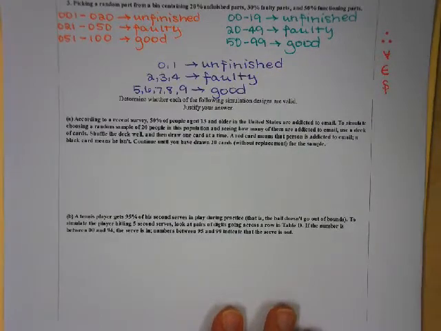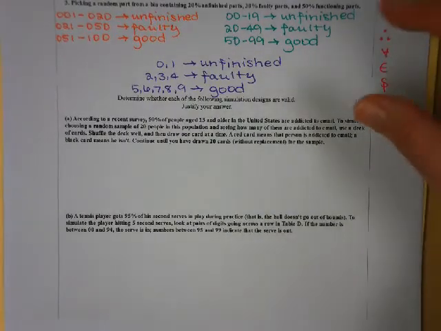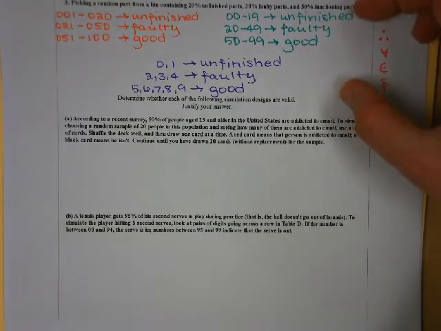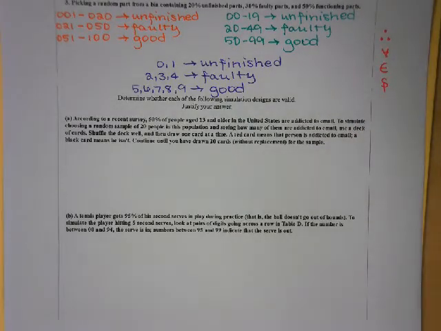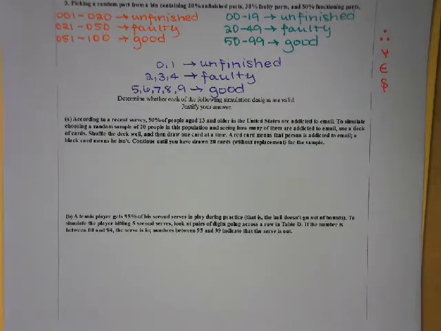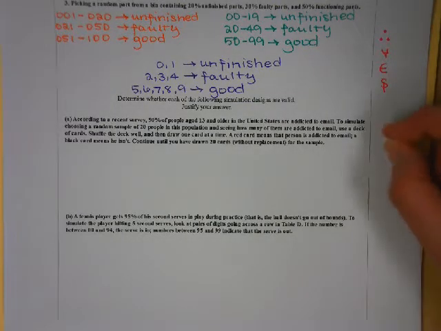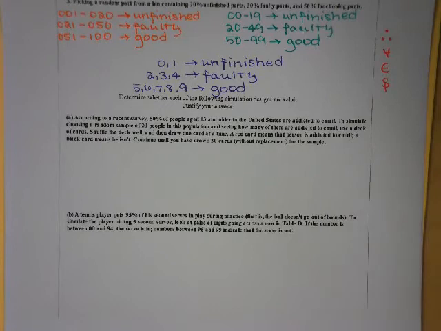So like I said, in your homework, sometimes you're going to have to set up how you would use Table D. You don't actually have to do the simulation. Sometimes you're going to be given a plan and you're going to have to determine if it is a good plan or not. So on these two, they already set up the plan. We're just going to say if it's good or not. So on A, it says, according to a recent survey, 50% of people aged 13 and older in the United States are addicted to email.